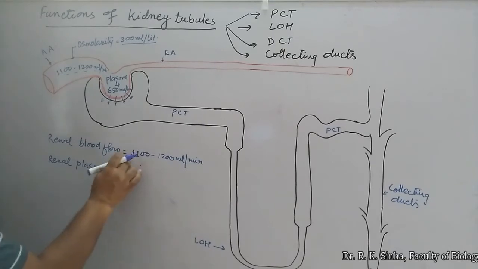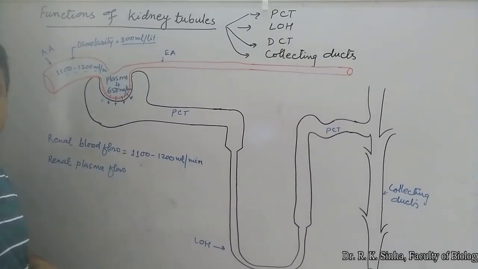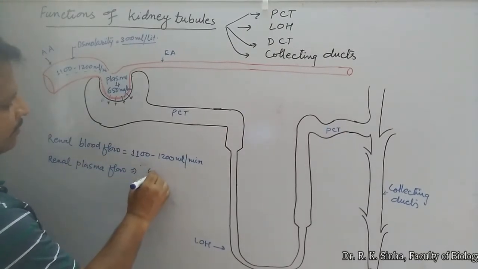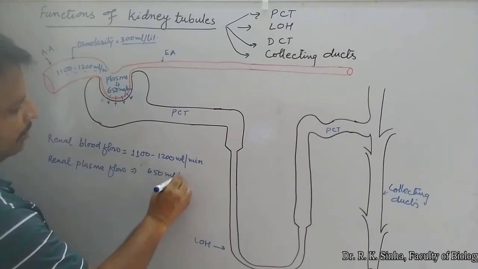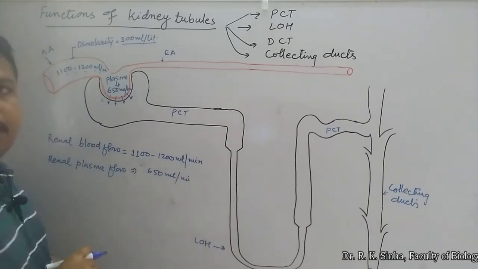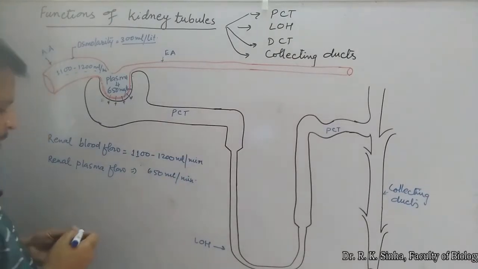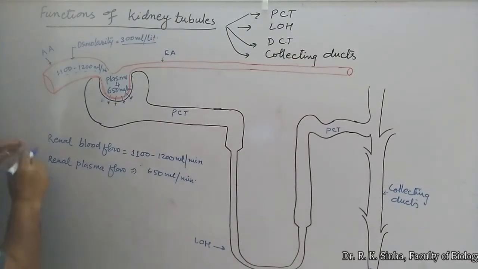Out of this 1100 to 1200, 55% is renal plasma, and the value of renal plasma flow is 650 ml per minute, and this will be filtered by the ultrafiltration mechanism. So this is renal blood flow and this is renal plasma flow.